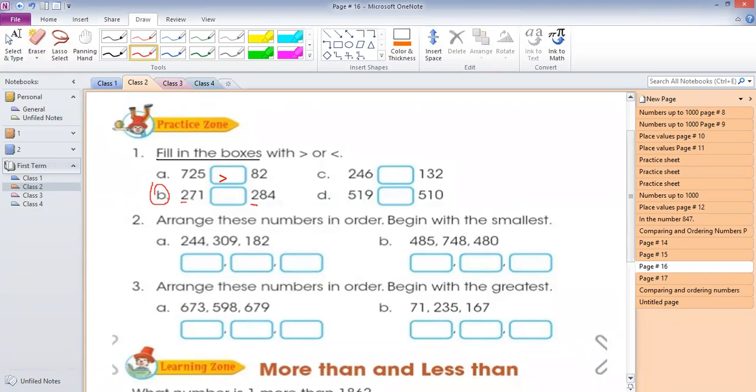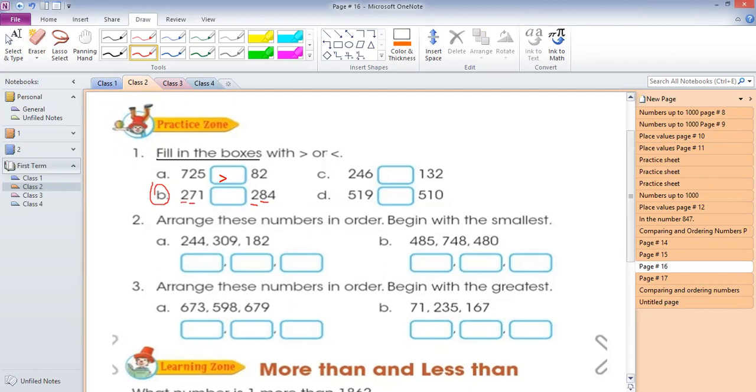Now you will compare the tens. 7 tens, 8 tens. So 8 tens are bigger than, are more than 7 tens. 8 is bigger than 7. That's why 284 is bigger than 271. Or 284 is greater than 271.